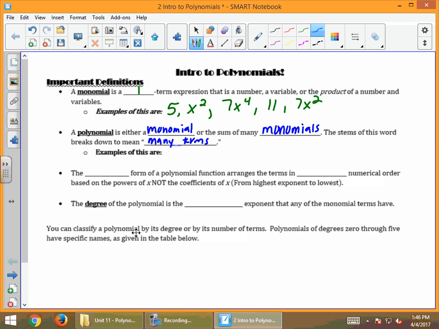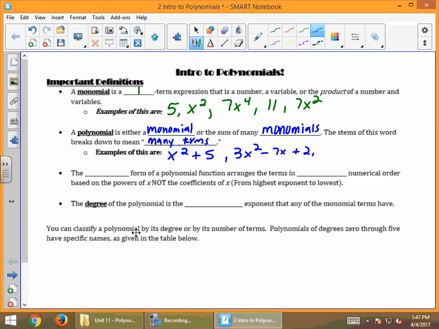Some examples of a polynomial are x squared plus 5, and 3x squared minus 7x plus 2. Essentially, with a polynomial, you're just taking monomials and adding them or subtracting them.